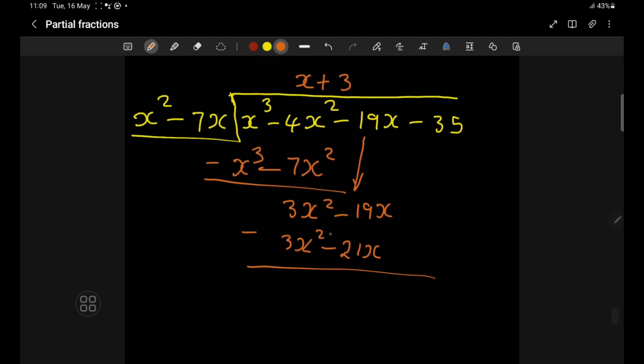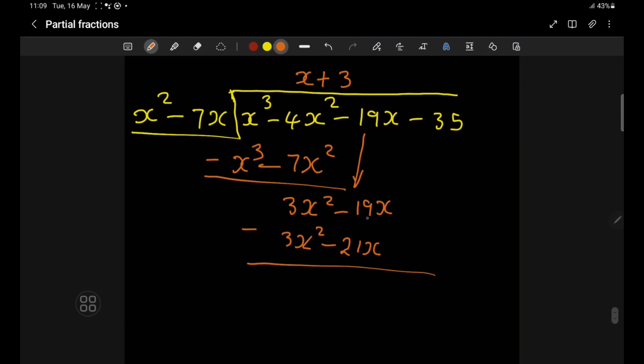Subtracting these two expressions, we'll have negative 19 plus 21x, that is 2x. So now this is reduced with our remainder 2x minus 35.